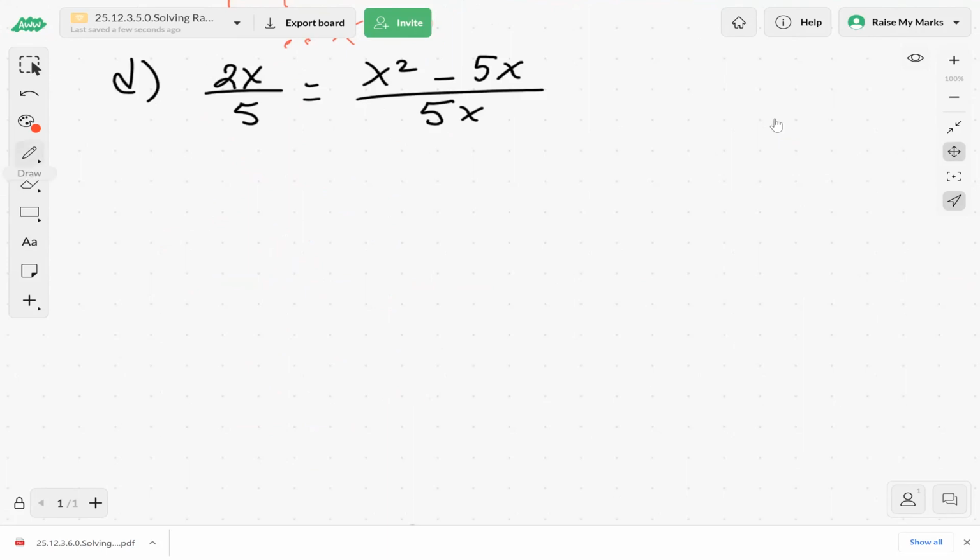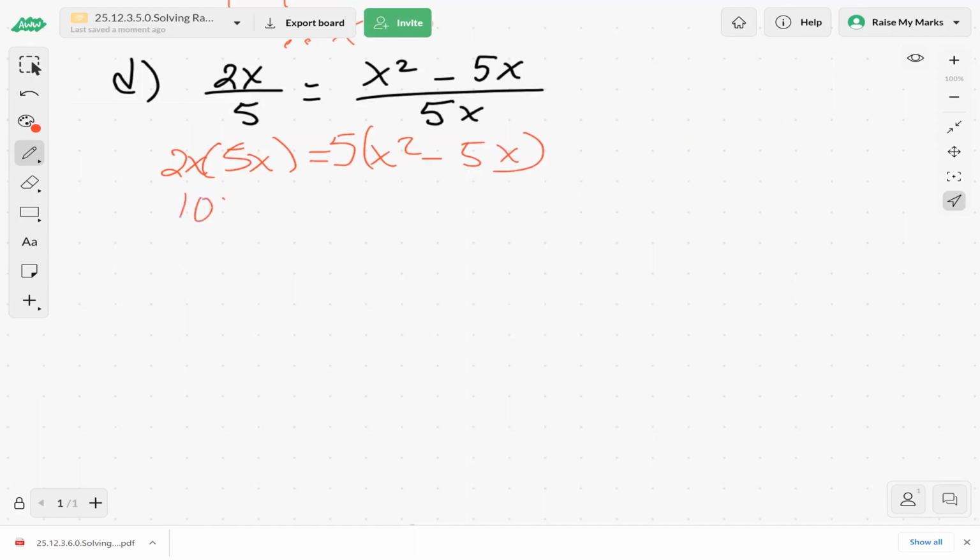Again, the goal is to bring all the x's into the numerator. If we have to cross multiply, we have to cross multiply. Let's expand everything out.